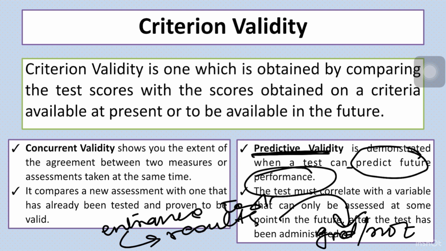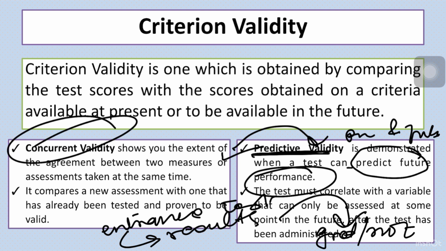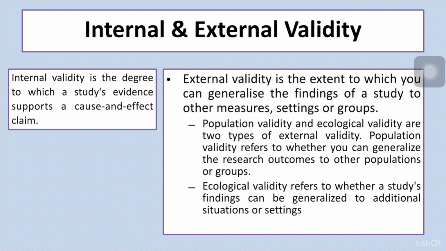So this is the predictive validity. We predict and compare two scores, that is the present score and the future score. And what is concurrent? We measure two test scores currently, presently. Clear? Now the next type of validity is internal validity.